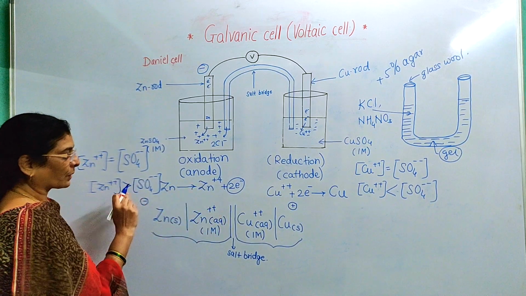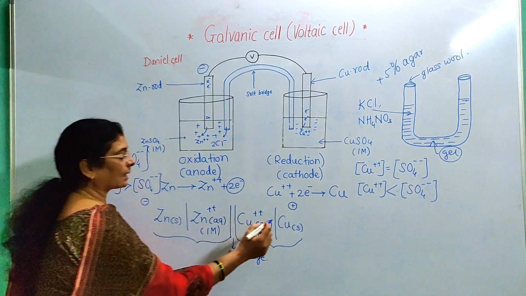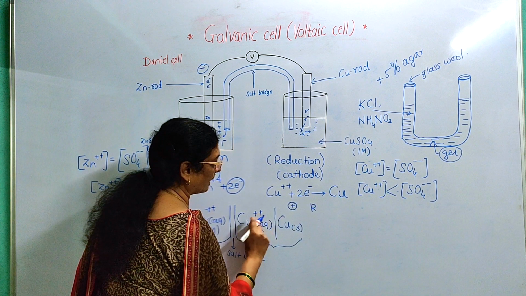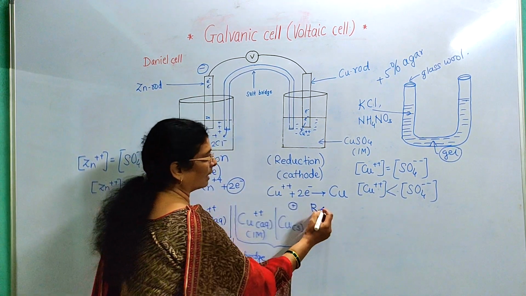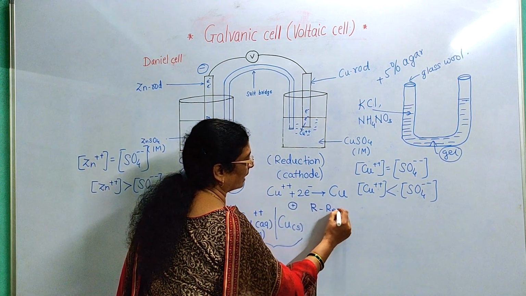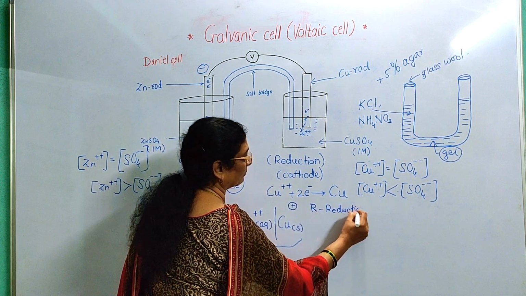So simply remember, on the right hand side you have to represent the reduction electrode. I am giving you a clue. R, right, and on the right hand side you have to write the reduction electrode.